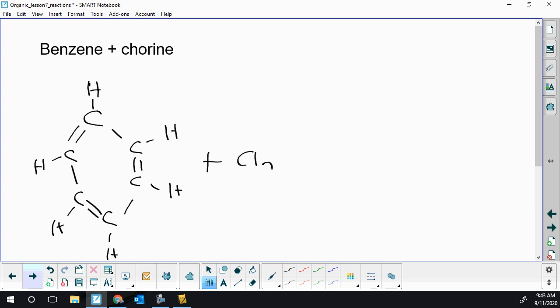So when it reacts with chlorine, we don't get 2 of them adding. We'll see a substitution reaction. You still need ultraviolet radiation to drive this substitution reaction. And you actually need another catalyst. You need iron(II) chloride to get this substitution to occur.